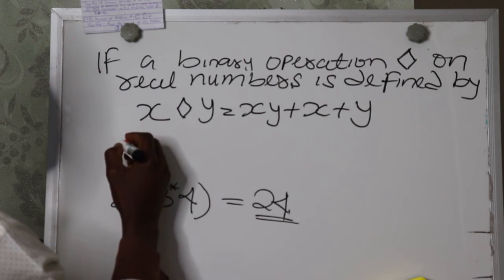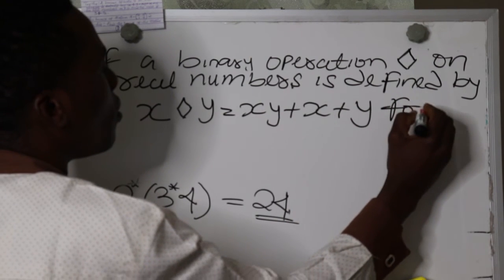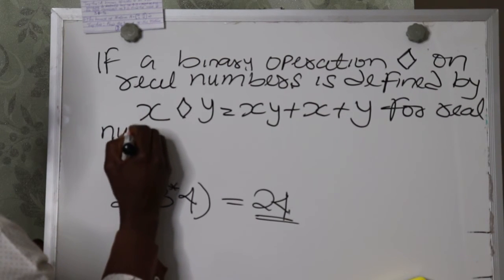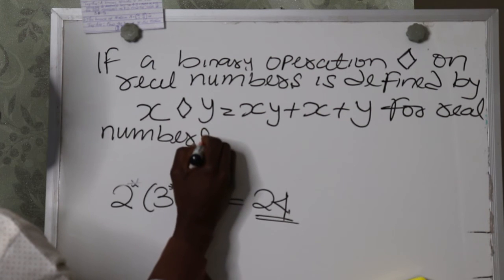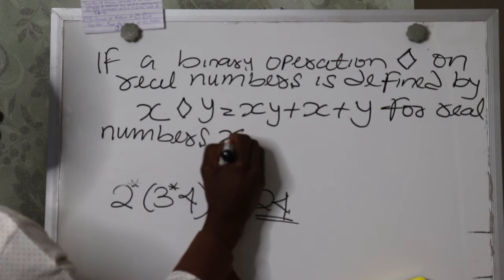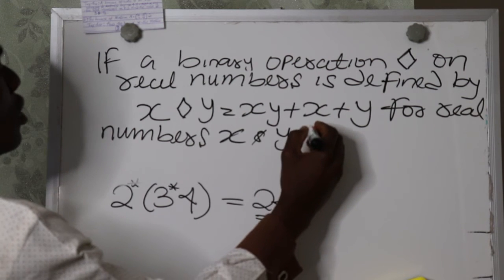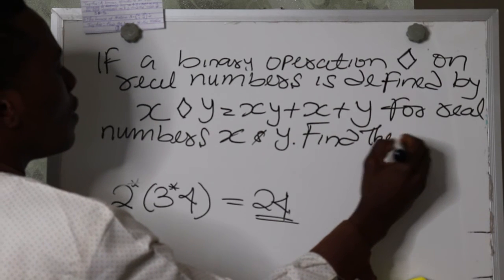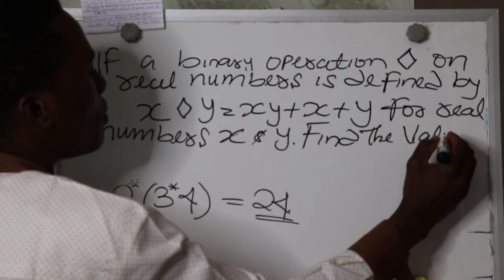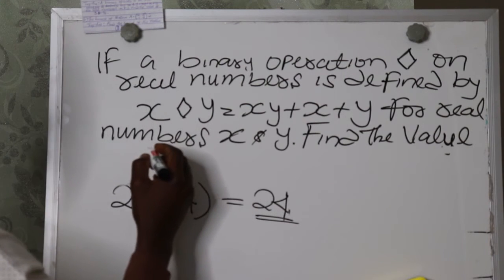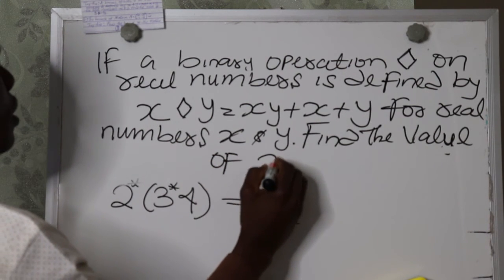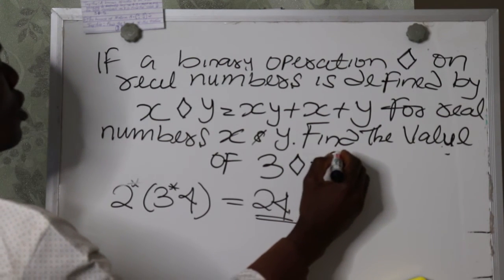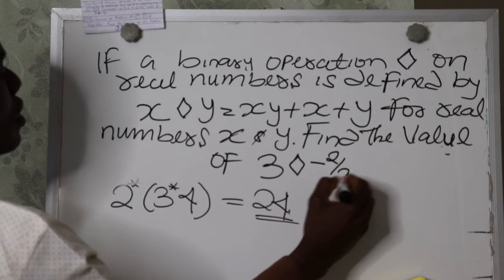They now say for real numbers x and y. So the question is, find the value of 3 operation minus 2 over 3.